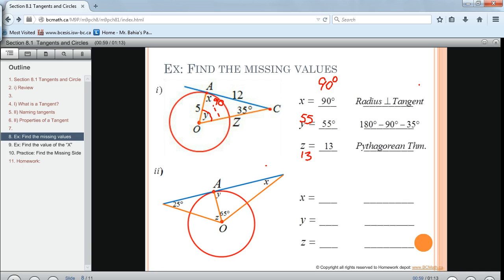Okay, so first, there's a tangent and there's a radius. Maybe thinking, how do you know it's a radius? If it's from the center of the circle, which they always label O, and they put a dot in the middle, that's a radius, that's a tangent. We know that's 90 degrees, and that's 90 degrees. So right away we know that Y is 90 degrees.